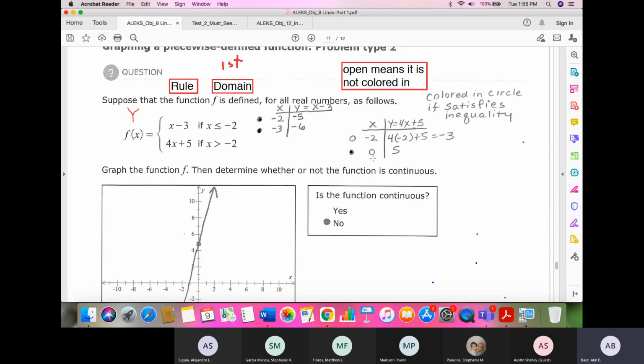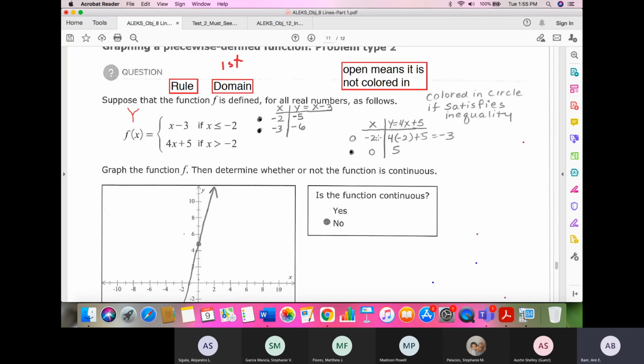Maybe that's the confusion. Maybe we could choose 1 if that's confusing. Let's leave it as 0 though. It's easy to work with. So for the bottom rule and domain, we want to use this rule. f of x equals 4x plus 5. We've got 4x, so that would be f of x, we could call that y equals 4x plus 5.